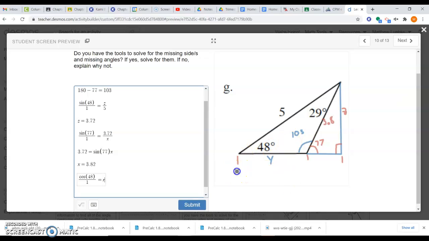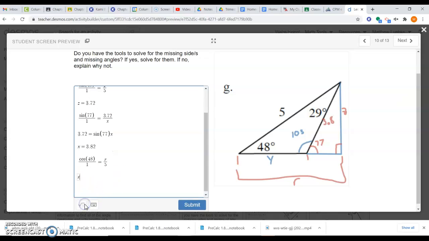So this whole distance here from here to here is my r. Adjacent over hypotenuse, which is 5, and I can cross multiply and solve here. 1 times r is r. The cosine of 48 times 5, again using my calculator, would give me 3.35 if I round it. Okay, so this whole distance r is 3.35.